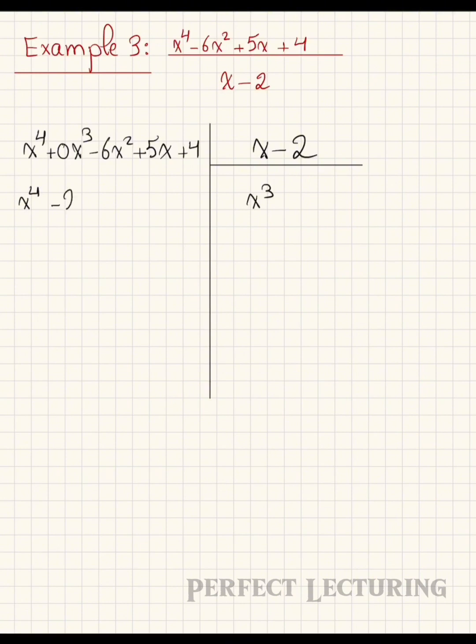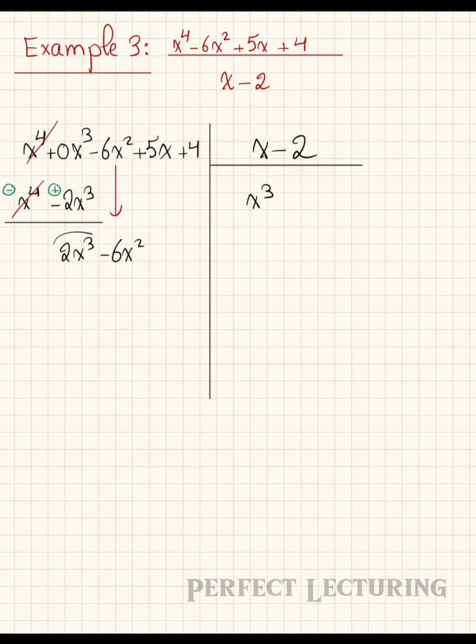And negative 2x cubed. I change the sign, so this becomes minus, this becomes plus. We cancel these. So we have 2x cubed. So I move the negative 6x squared down, so it becomes here.